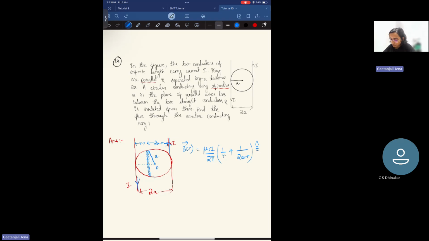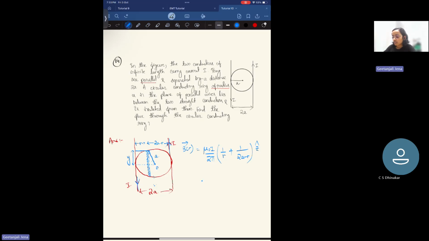So now to calculate the magnetic flux, let us take this distance. Let us say this is Y. Current in the opposite direction, but now we are looking at a point in between these two wires, not at a point outside.